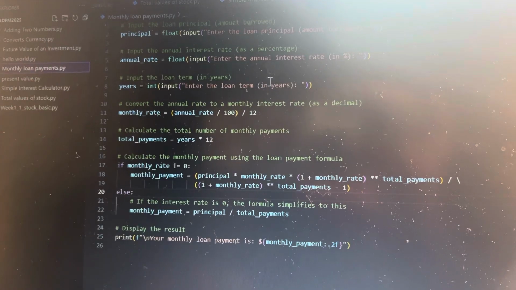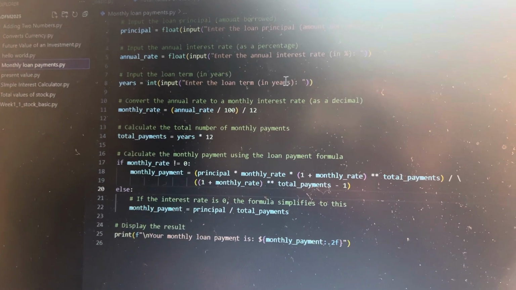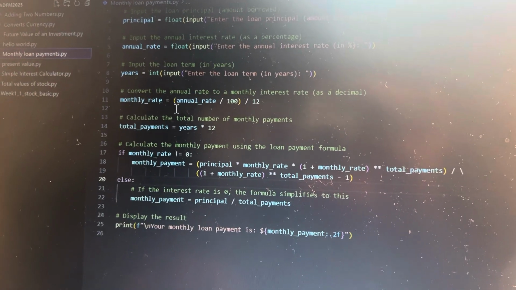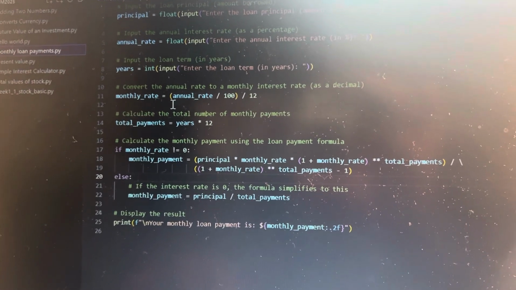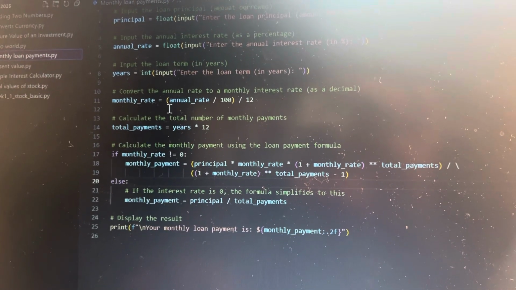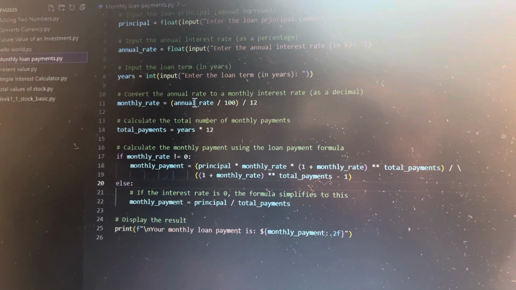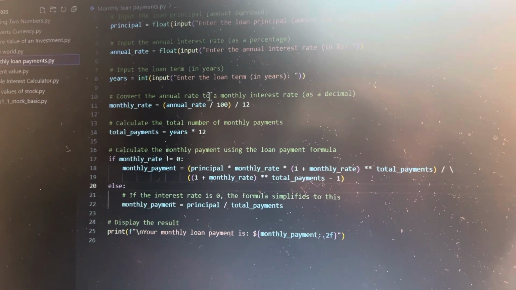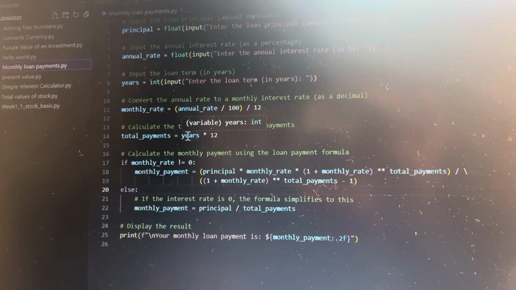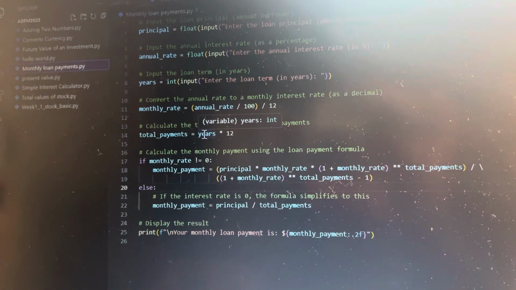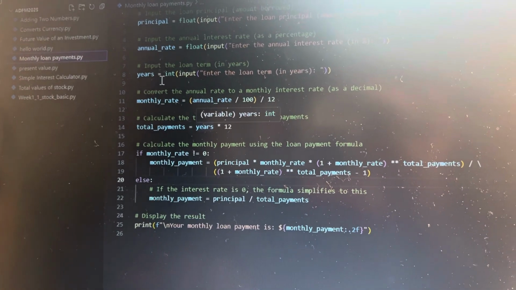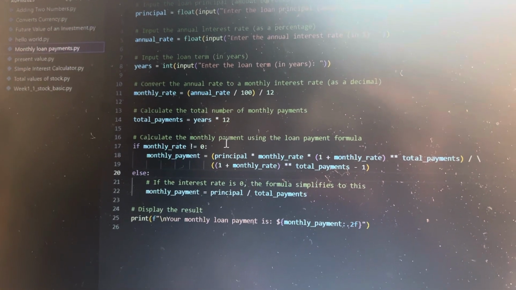Line 6, the input is converted into years by the integer. Then line 8 is a stored value that calculates the monthly rate, which is just the annual rate that you stored up here divided by 100 divided by 12. Then line 10 multiplies the number of years that you stored up here by 12.